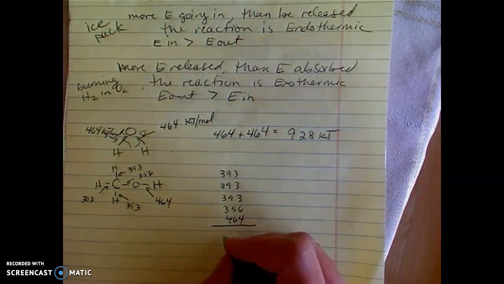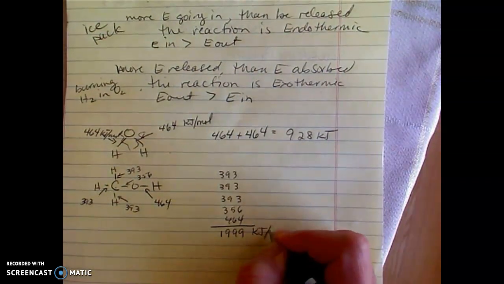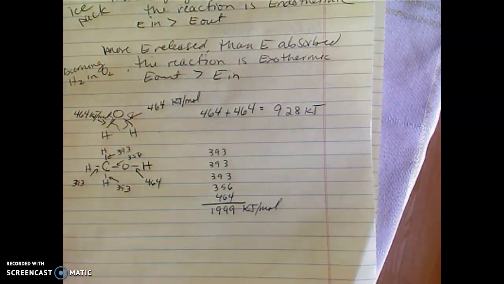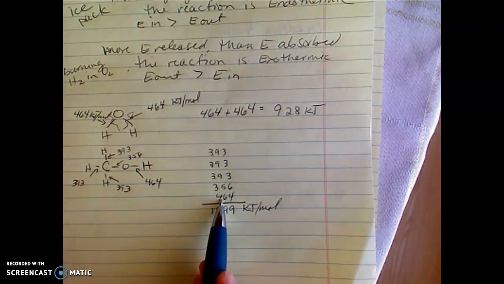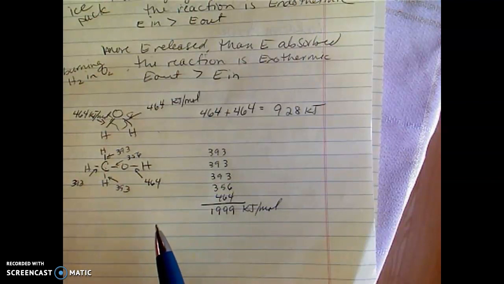When you do that, we get 1999 kilojoules for 1 mole of that substance. And this would be the 10th point on our target. Remember, these values are not memorized. These values are found on a data table. You would actually go and you would look those up.